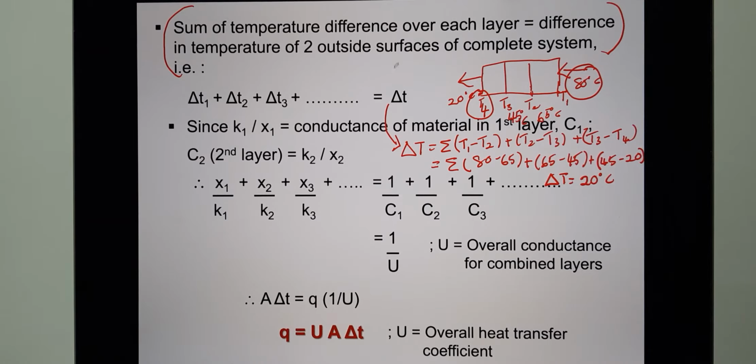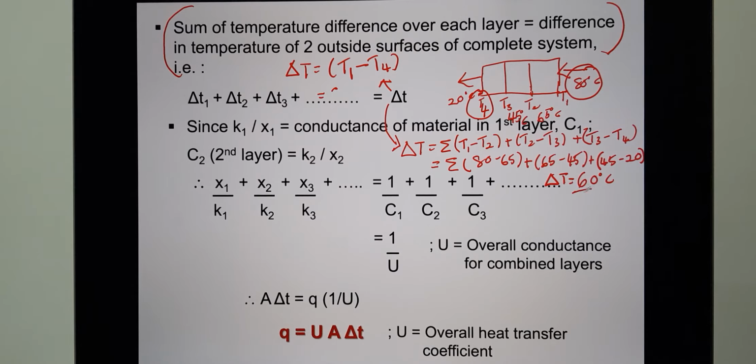So how do you calculate this delta T? By using this statement, you can simplify delta T as T1 minus T4. Okay, so this one is not 20 degrees Celsius. This sum of temperature difference is 60 degrees Celsius.